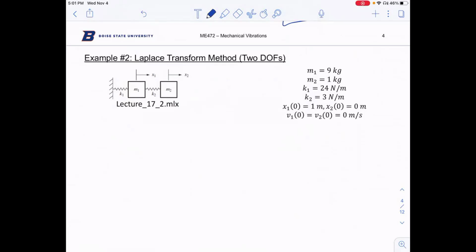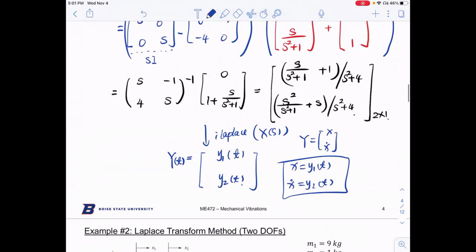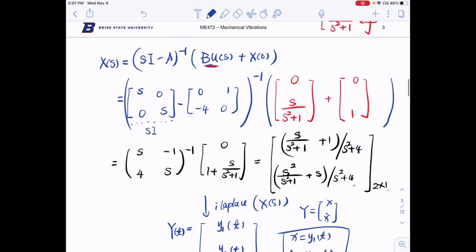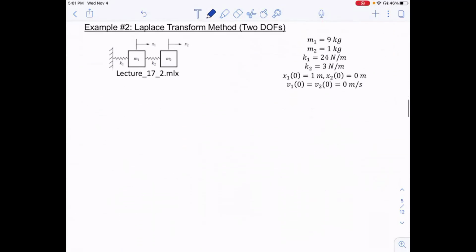So let's look at example number 2. Before moving on, any questions about these calculations? All right, if no questions, then example number 2.